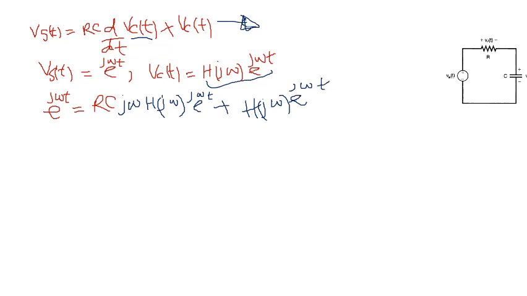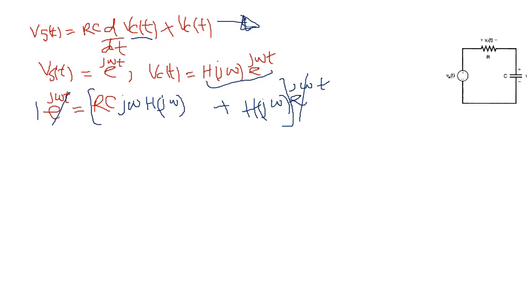So if we take j omega t as common from here, I have already taken this common, so I can remove it from here. So what I'm left with is this thing. And you understand e power j omega cancels with e power j omega. So on this side we have 1, and this is RC j omega h of j omega plus this one, right?